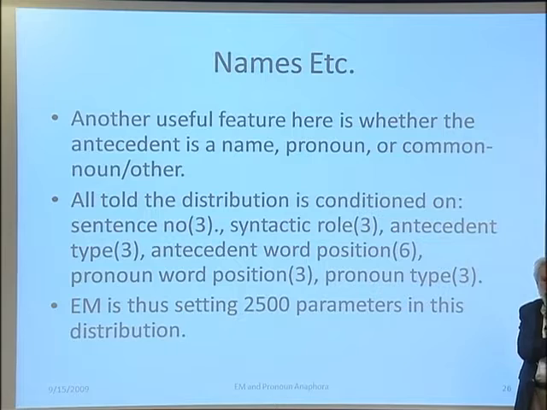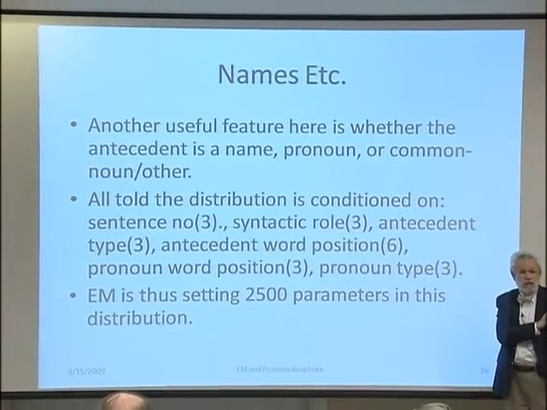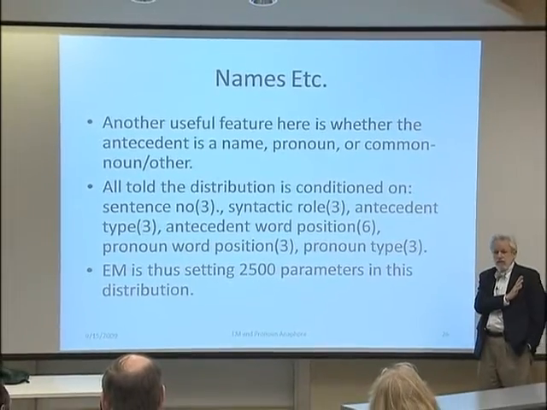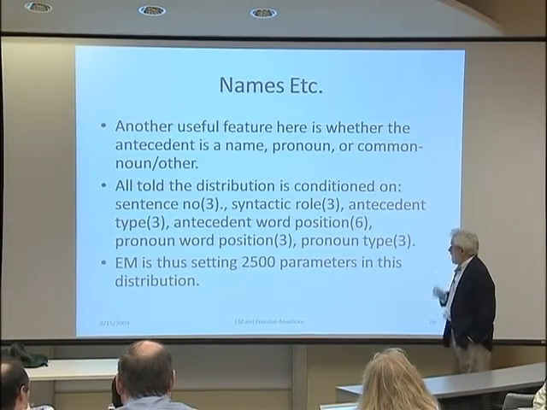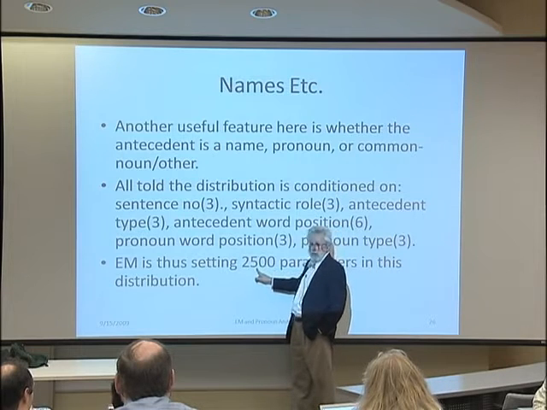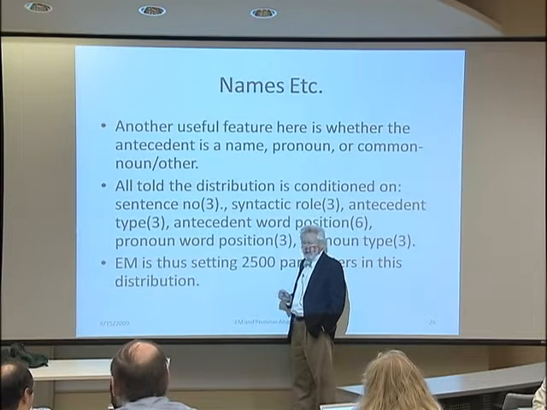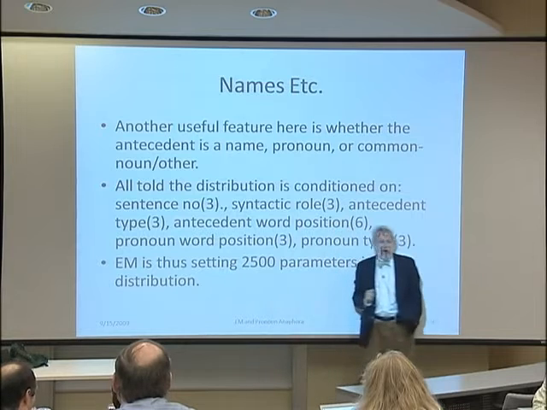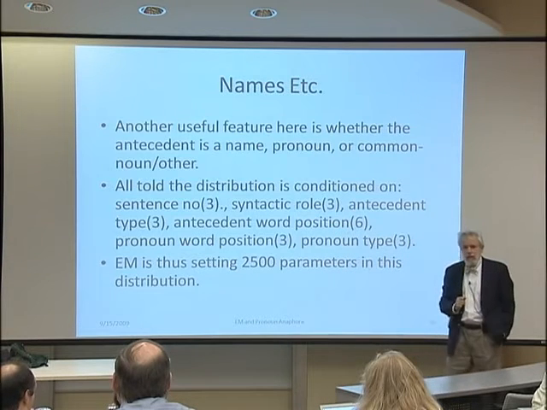In particular, reflexives and their antecedents are invariably in the same sentence. I don't know if I got my arithmetic right here, but this number is about right: all told, I've got about 2,500 parameters that have to be set by EM.